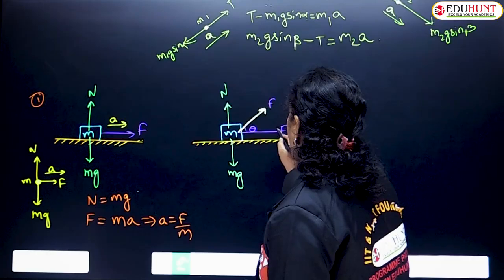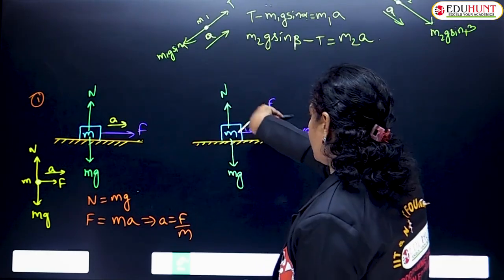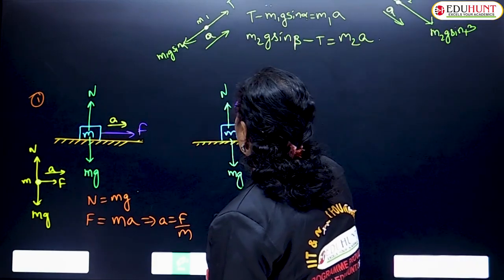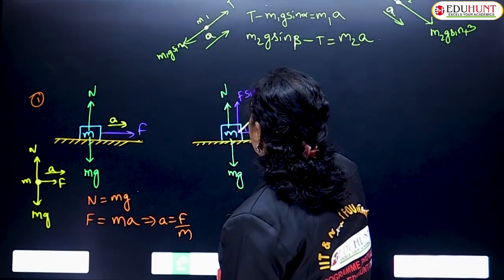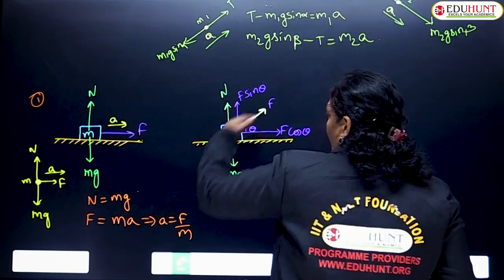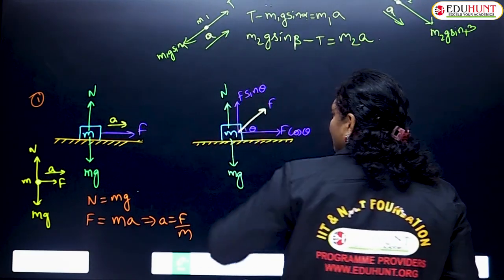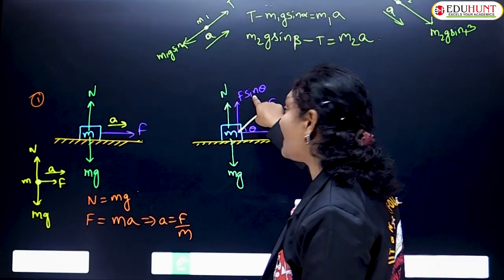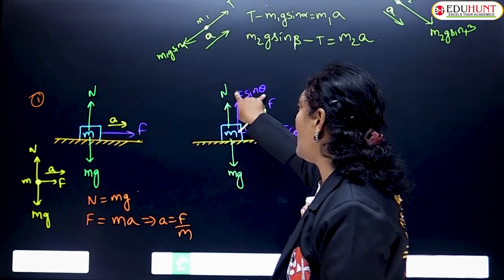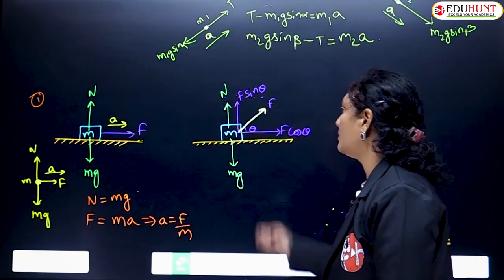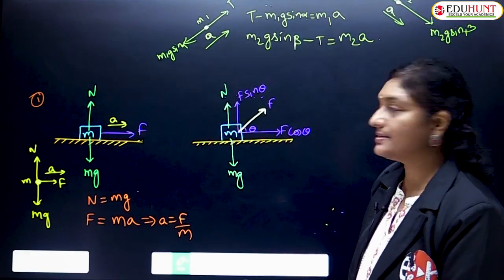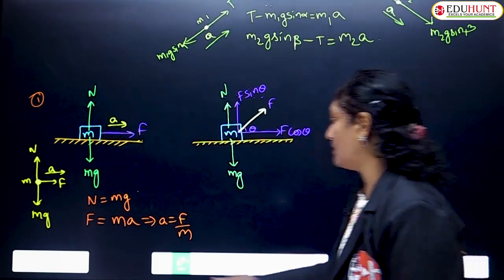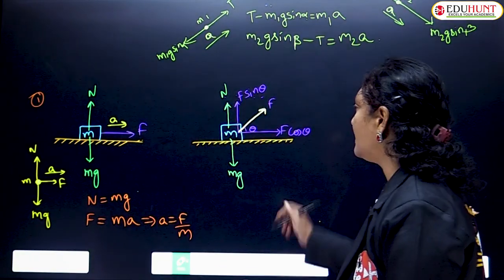F is resolved into two components: the horizontal component given by F cos theta and the vertical component given by F sin theta. So on this body, whenever a force is applied making an angle theta with the horizontal, two forces are acting in the upward direction, the normal reaction as well as F sin theta, and only one force acting in the downward direction and another force acting sideways. So this body is different when compared to the previous body. Let us draw the free body diagram for this.